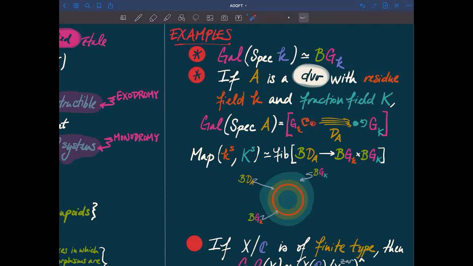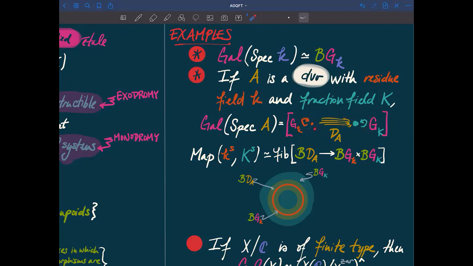The closed point has a group of automorphisms, the absolute Galois group of the residue field. And the open point has a group of automorphisms, the absolute Galois group of the fraction field. And then there's a whole lot of maps going from the closed point to the open point.